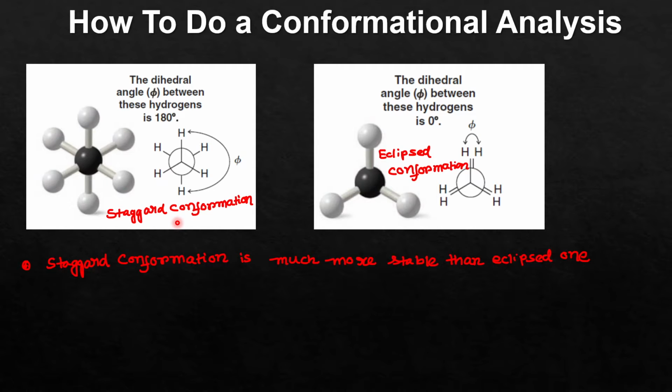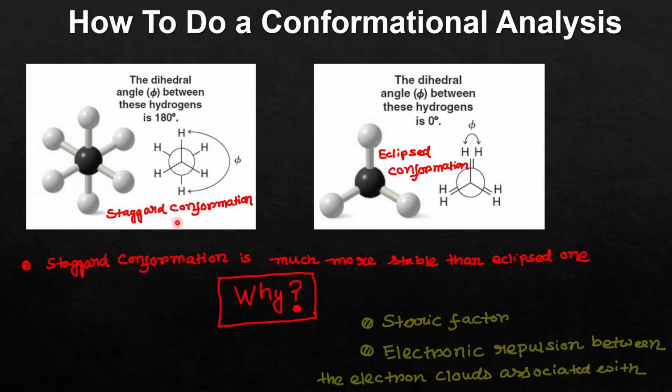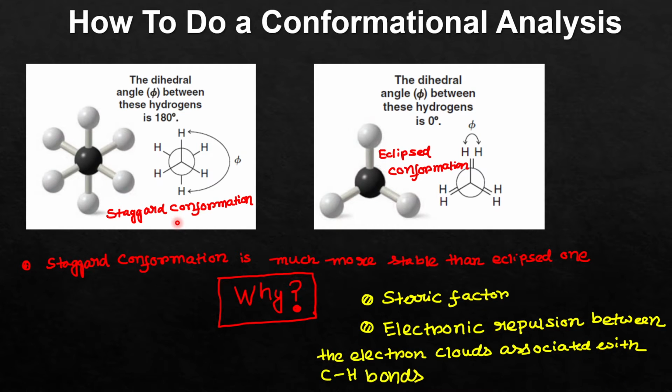Now the question is, why is the staggered conformation much more stable compared to the eclipsed conformation? You can see that in the staggered conformation, the distance between these hydrogen atoms is maximum. They are separated by quite a distance, as you can see here. But in the eclipsed conformation, the distance between these hydrogens is very small.